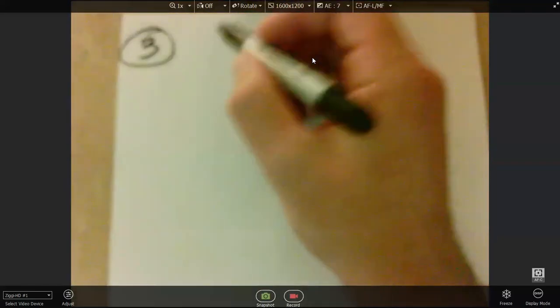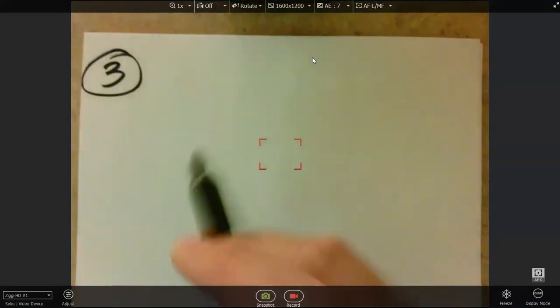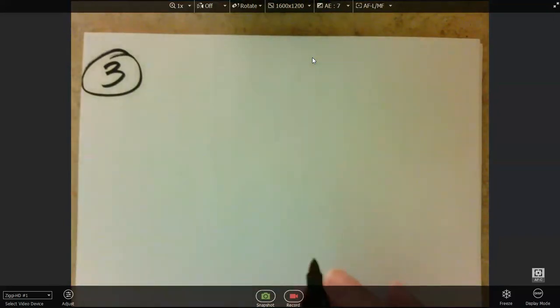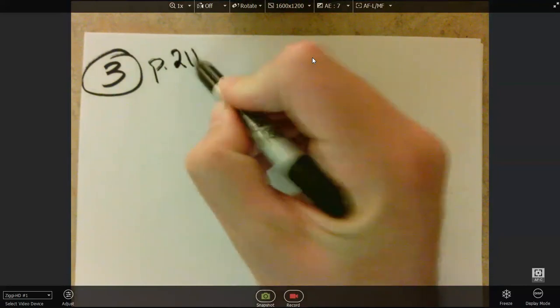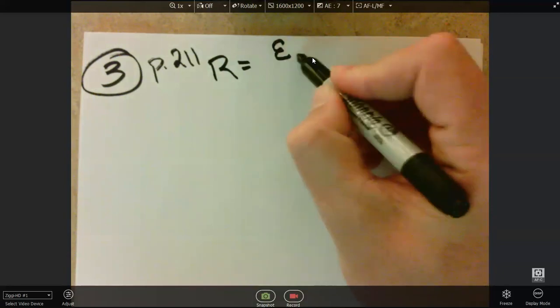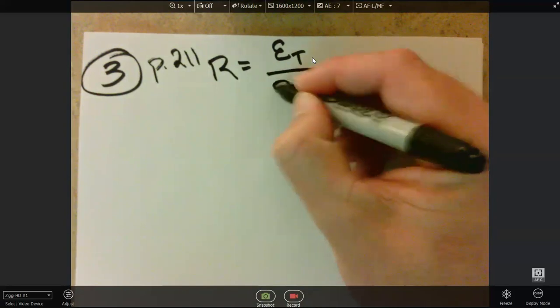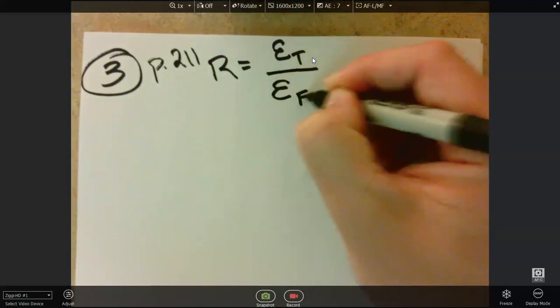So we've got to figure out our Rothschild index. Our Rothschild index is on page 211 of the text. And it says R is equal to the elasticity, T, for the total market, divided by the elasticity for the particular firm.